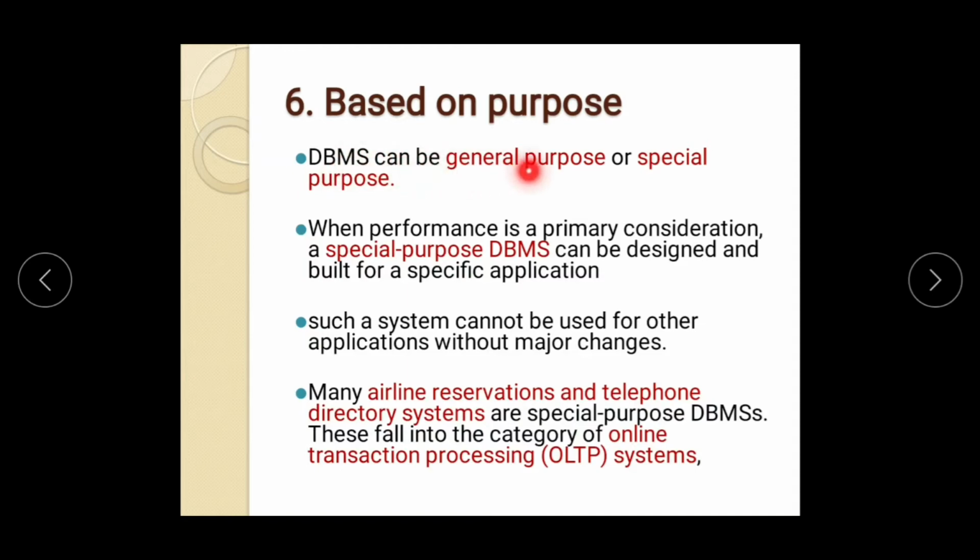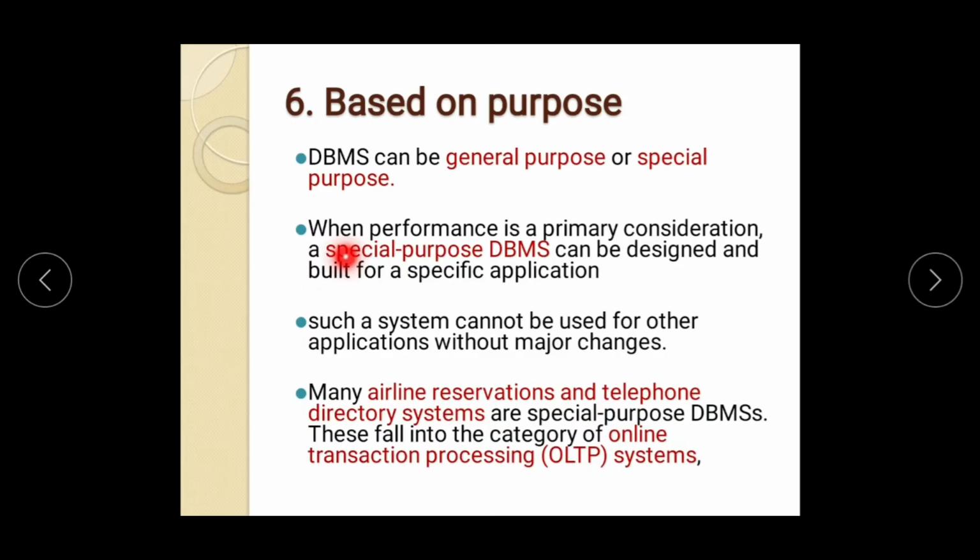A DBMS can be a general purpose or a special purpose. When performance is the primary consideration, a special purpose DBMS can be designed and built for a specific application. If we want to get better performance, in that case we have to create our own specialized database management system.